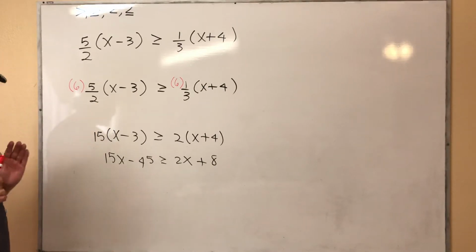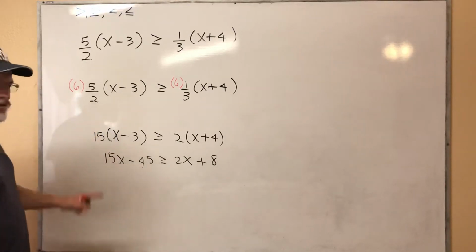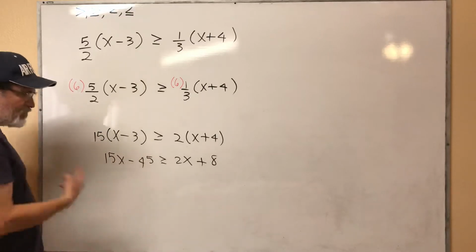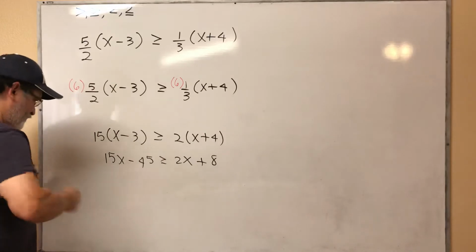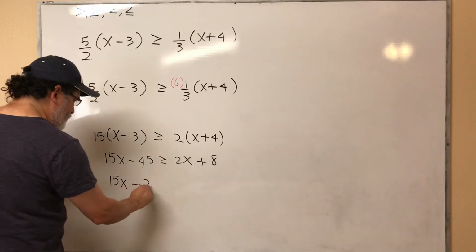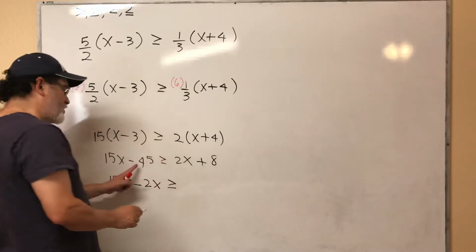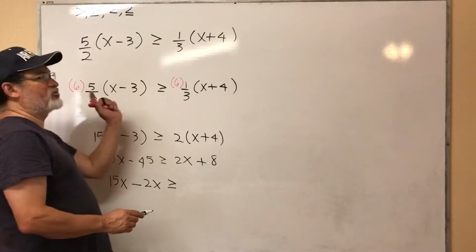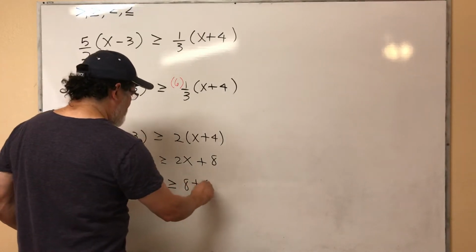Let's gather the variable terms on the same side. And just to make a point, I'm going to do this in 2 ways, okay? I'm going to bring this 2x to the left. So 15x minus 2x greater than or equal to, and I'm going to bring this 45 to the right. 8 plus 45.